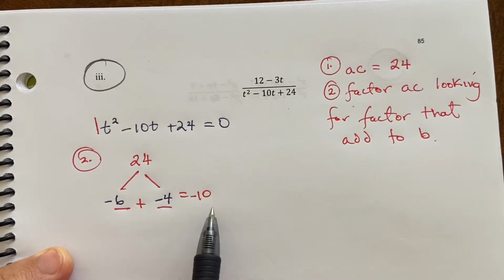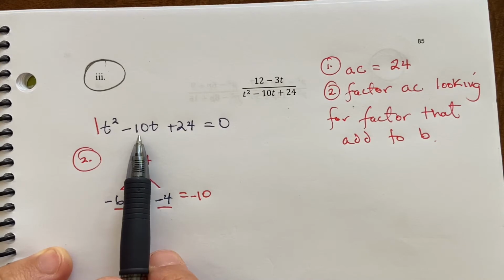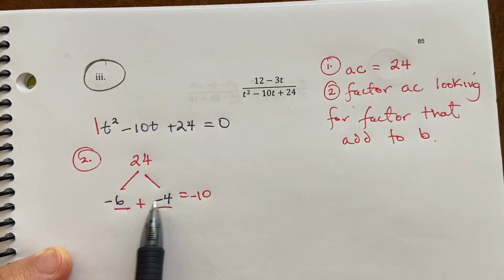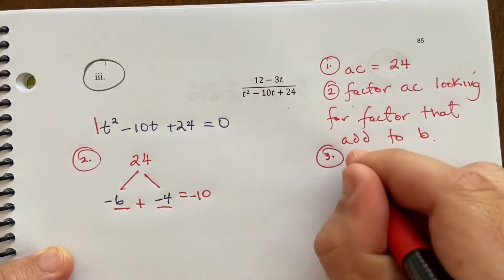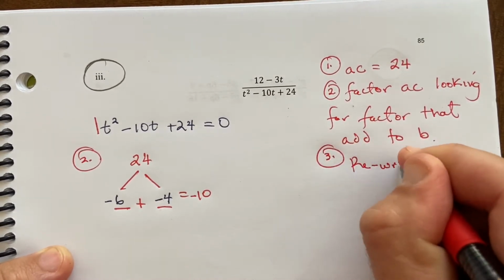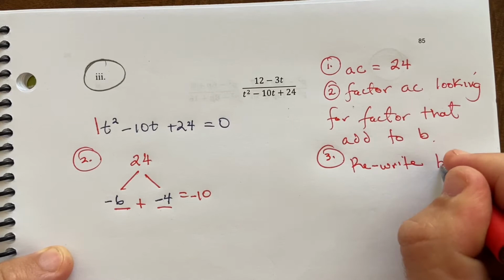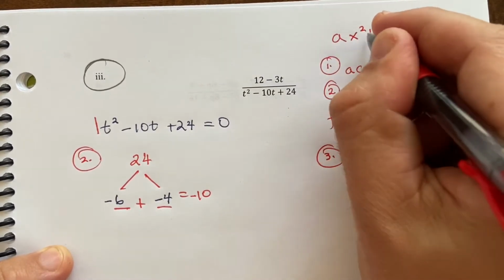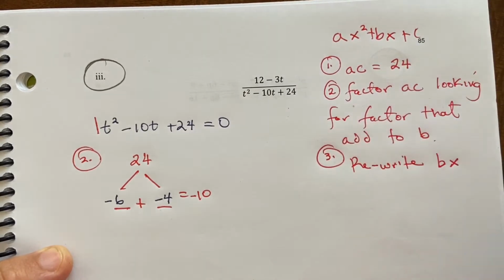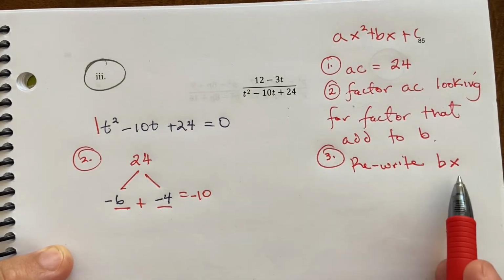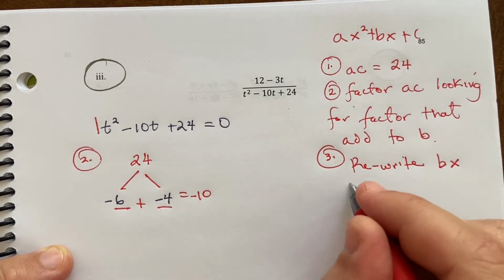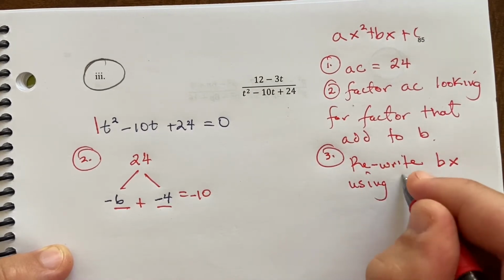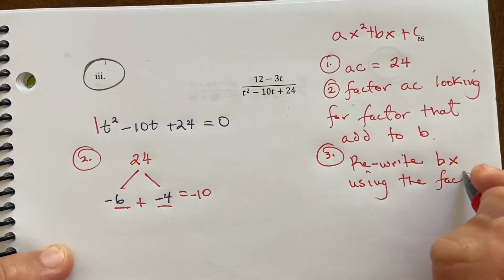Negative 6 plus negative 4 is negative 10. So now I can rewrite this middle term in terms of these factors. That's step 3: rewrite bx, because this is for factoring ax squared plus bx plus c. So rewrite bx using the factors we found.